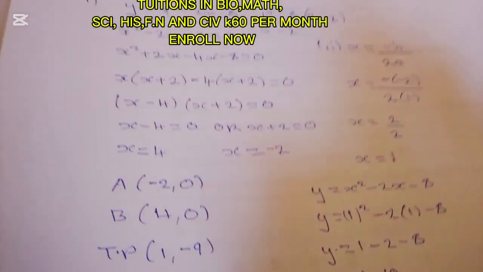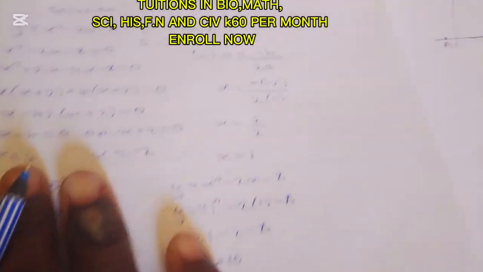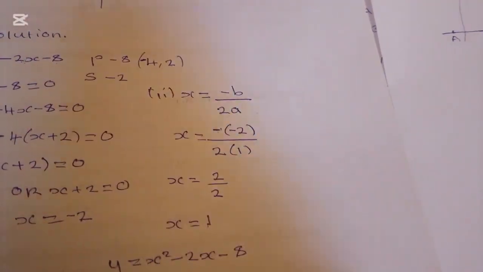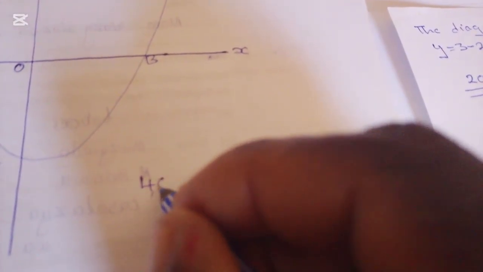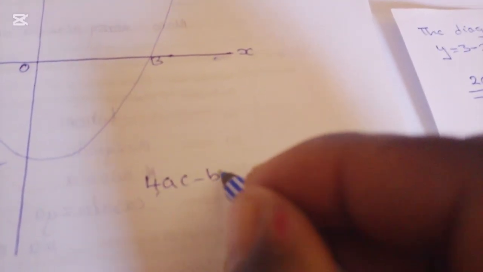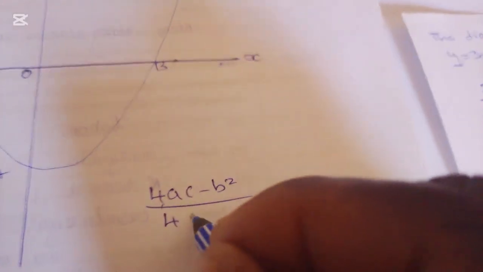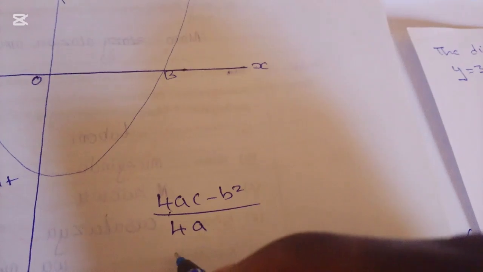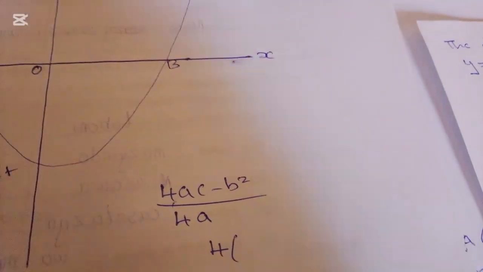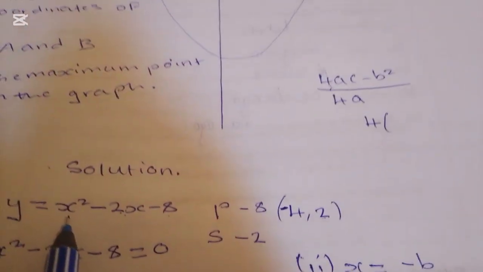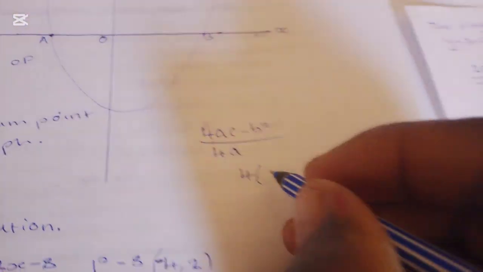Or if you want, when finding y, you can use the formula. The formula goes like this: 4ac minus b squared over 4a. This is the formula that you can use, whereby you say 4 times a, it's 1 here.